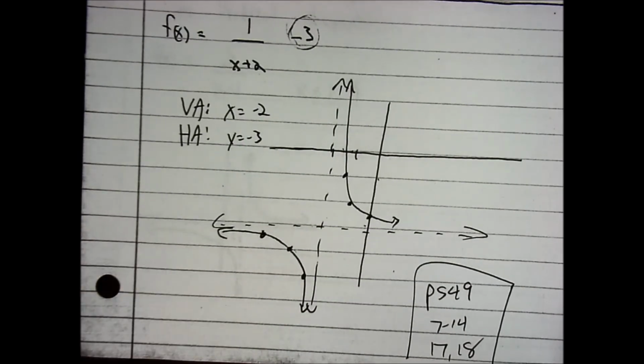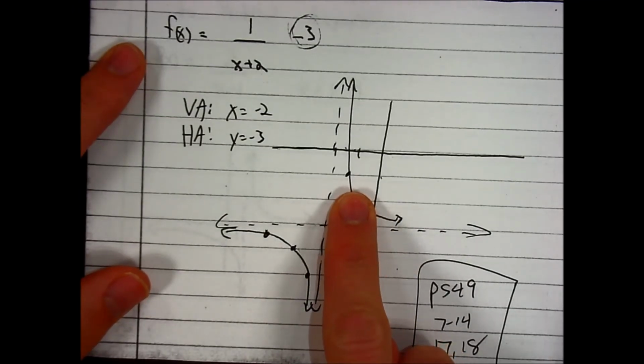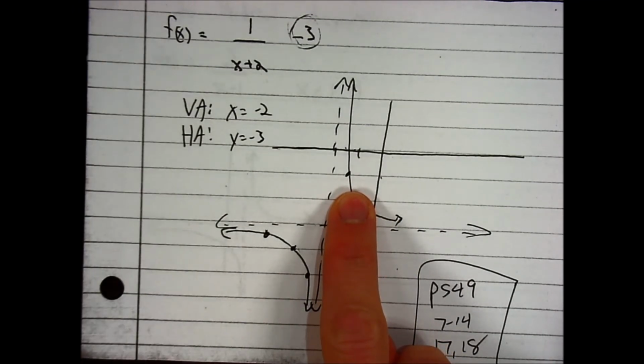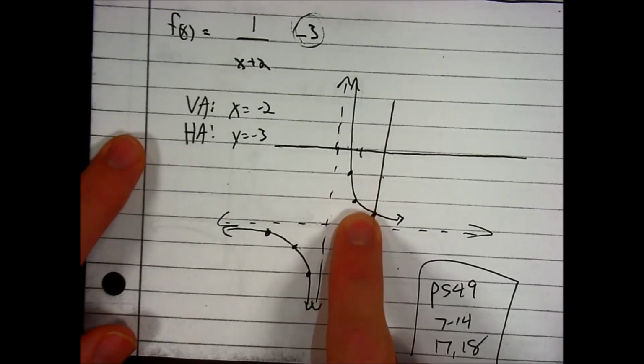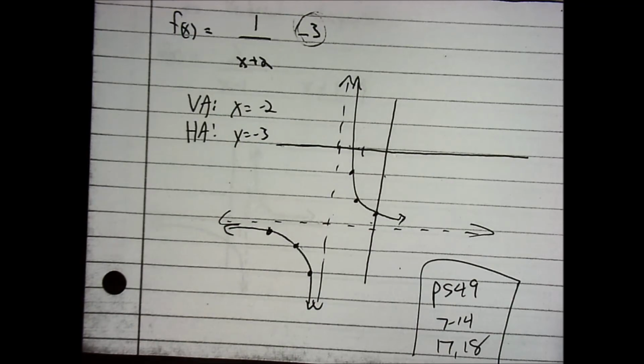Typing this in quick and getting these points. Negative 1.5 would be a good starting spot just to the right of negative 2. We'd have negative 1.5, comma, negative 1. We can go with negative 1, comma, negative 2, and then 0, comma, negative 2.5.